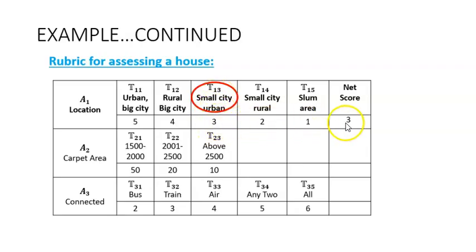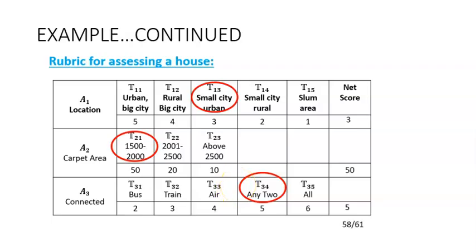For example, you have a particular house. Let us say that house is located in a small city in an urban location. The corresponding score is 3, and we put the score 3 here. Similarly, according to the carpet area, let us say it is somewhere around 1800. That is, it falls in 1500 to 2000.